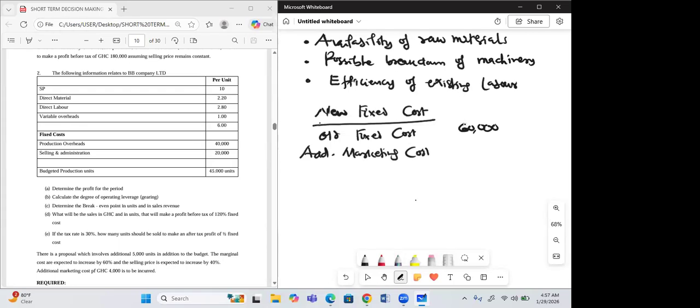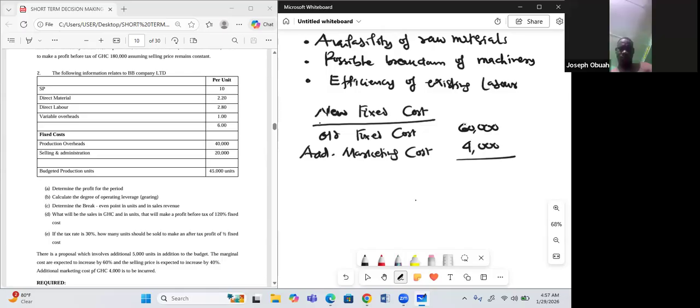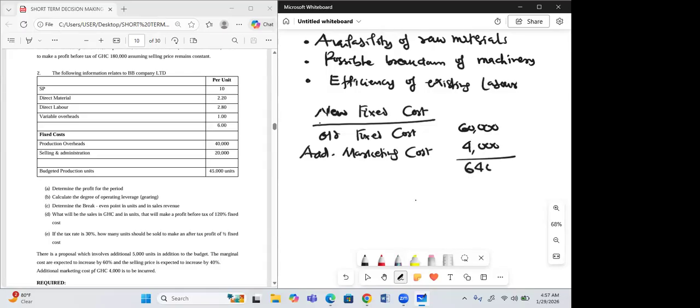So we incur additional marketing cost of what? 4,000. So that's 64,000, right?